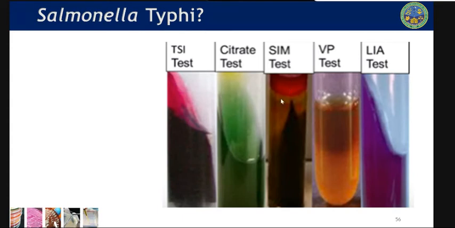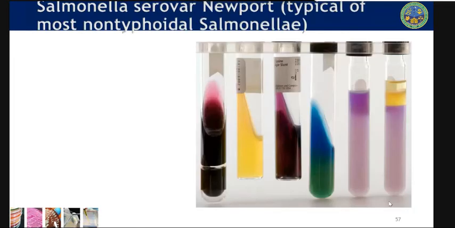Okay, H2S positive, indole positive, motility positive. VP positive here. And then you have no deamination. We have a purple color. And then positive decarboxylation, no change in color. All right, so this is your Salmonella serovar Newport, typical of most non-typhoid Salmonella.